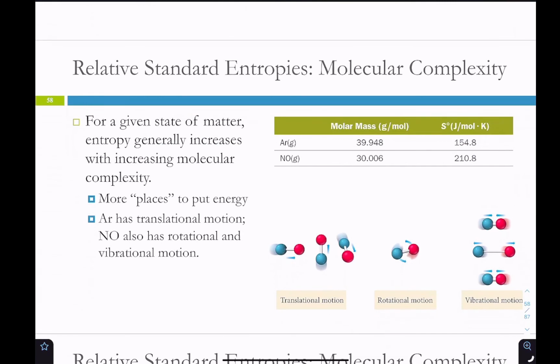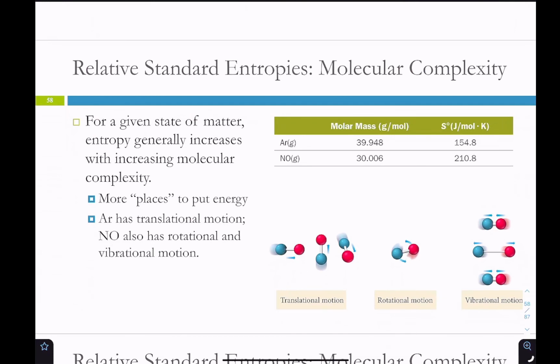Molecular complexity. For any given state of matter, entropy will increase with the complexity because there are more places to put energy. So if we have something like nitrogen monoxide, it can translate, so it can move side to side, or it can rotate or spin. And then there's also vibrational motion, where the bonds are stretching.